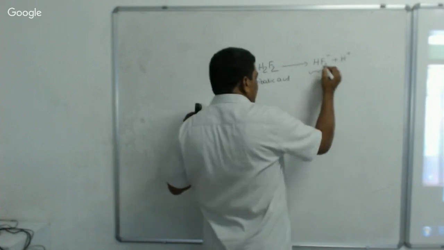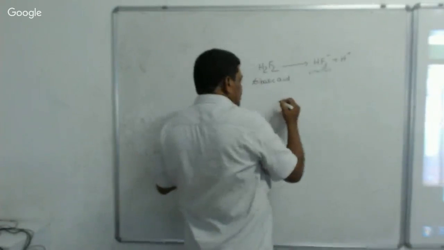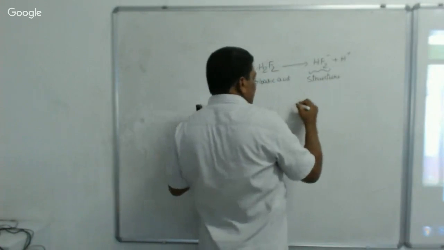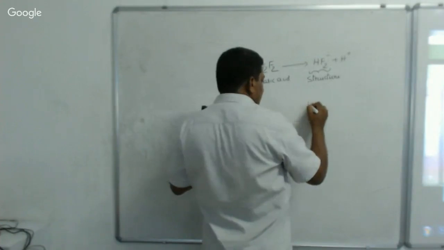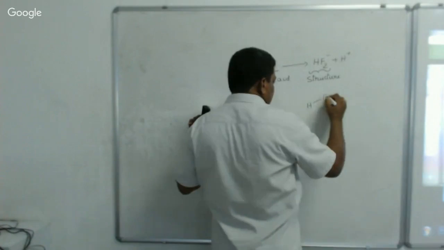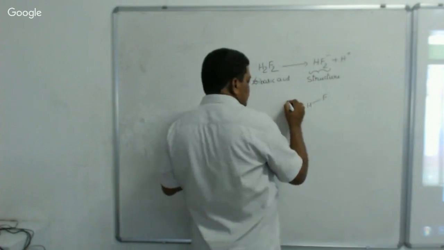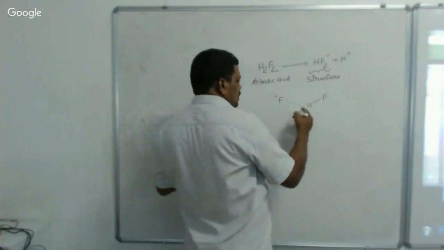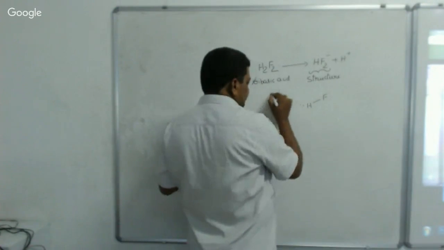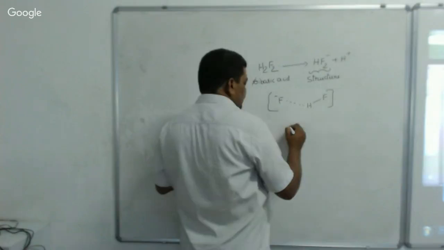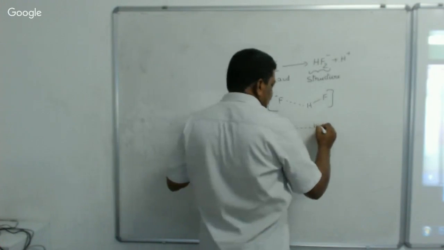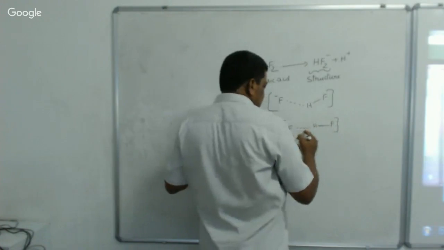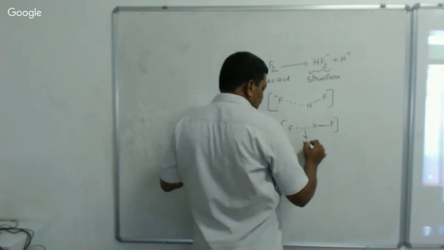Now in a previous JEE exam, we were asked about the structure of HF2 minus. HF2 minus has this type of structure: one hydrogen bonded fluoride. Simply, you can also write it like this. One is a normal covalent bonded hydrogen, one is a hydrogen bonded fluoride.